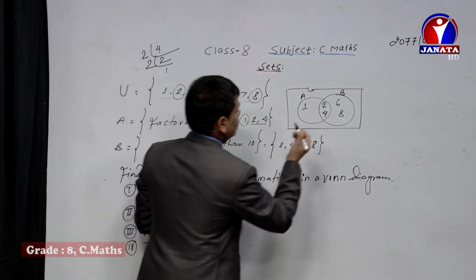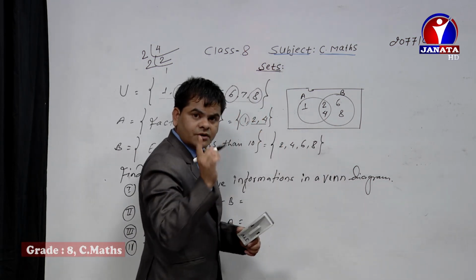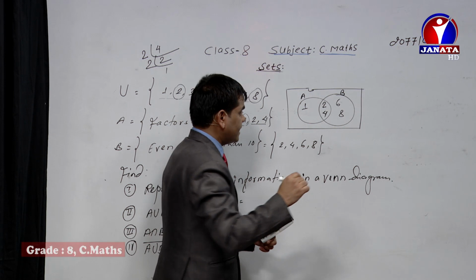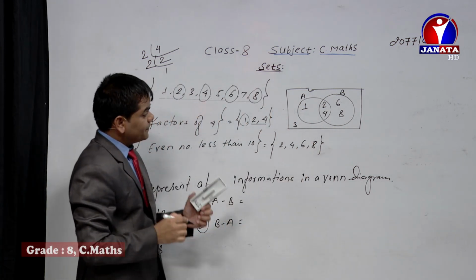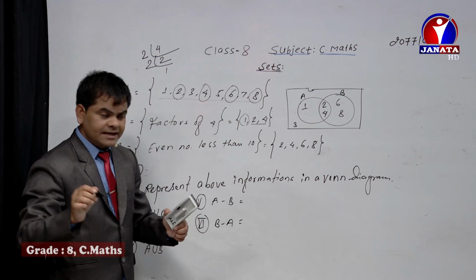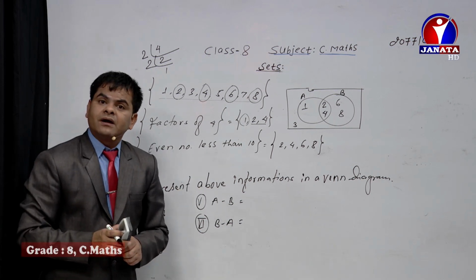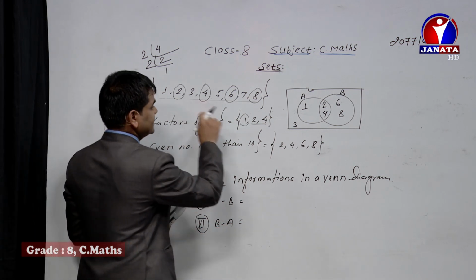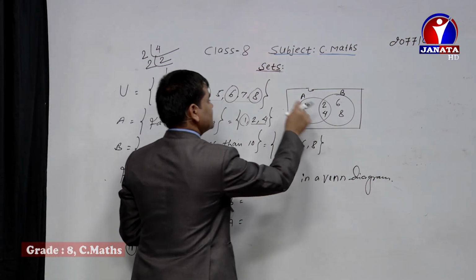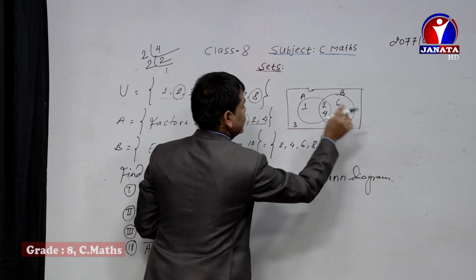So it comes outside of both circles, but inside the rectangle. You can keep it wherever there is maximum space, so that your Venn diagram looks neat and clean. So 3 I have represented here. You can represent it either here also, or this side also.